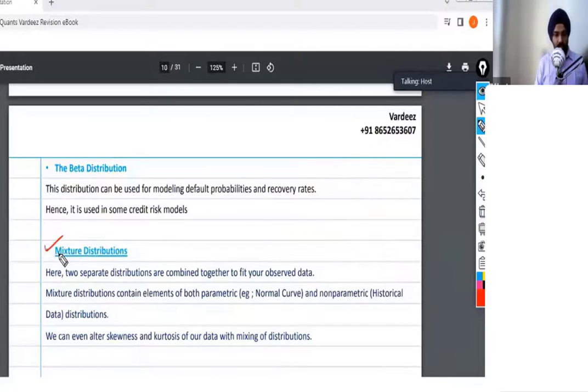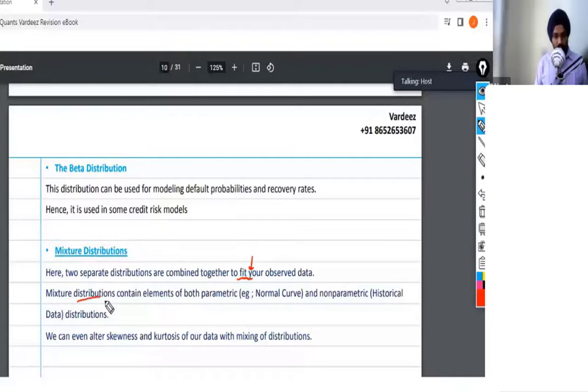That's going to be a mixture distribution, a combination of two distributions that we have seen so far. Let me tell you, there are almost 100 different distributions available, so you can combine any of them so that it fits your data very well. That's the overall objective.